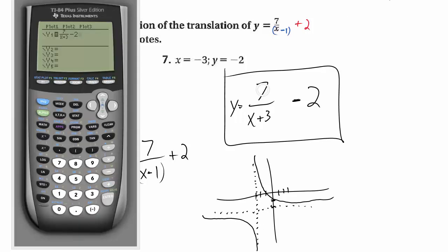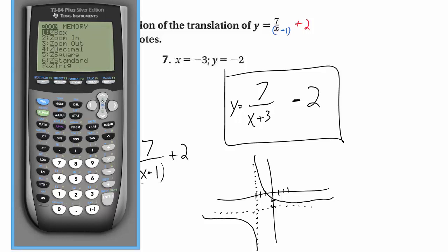On your calculator, I can enter that into my y equals. And you can also use this to reverse engineer to find the equation. You can sort of guess and check, or at least confirm your answer. And if I do the standard zoom 6, I get exactly what I sketched without using a calculator. And if you want to check to see if these are right, you can look with your finger and say, okay, 1, 2, 3.